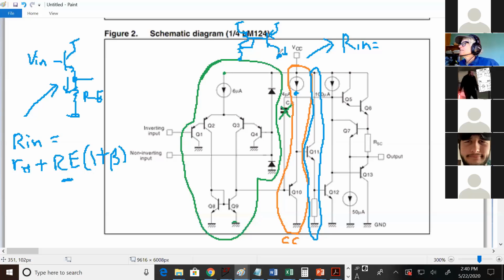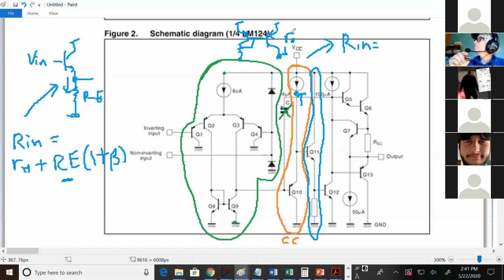What's the resistance? RO. Okay. So if you try to see what the resistance is looking up into the circuit, this circuit is actually this current mirror, and this current mirror, if you look into this terminal right here, you hit a collector, and that is RO.